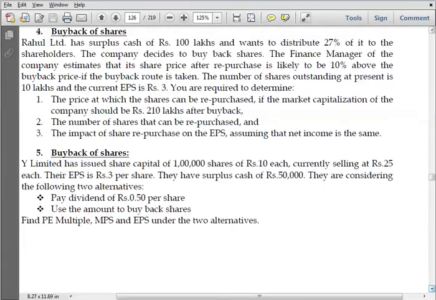Next point. In case of dividend payment, share price will fall by 50 paise and the revised price will be 24.5.